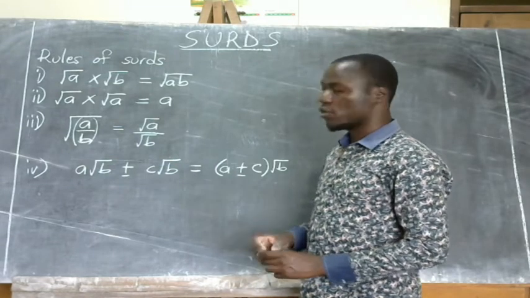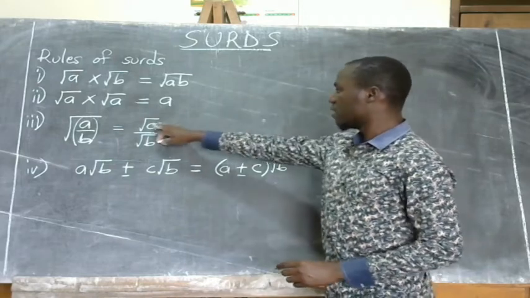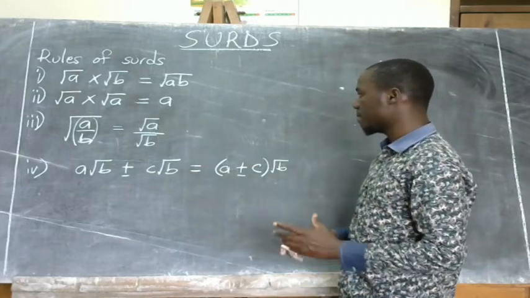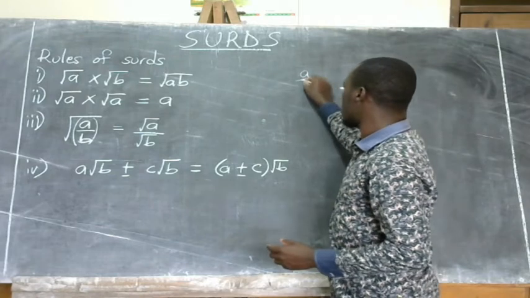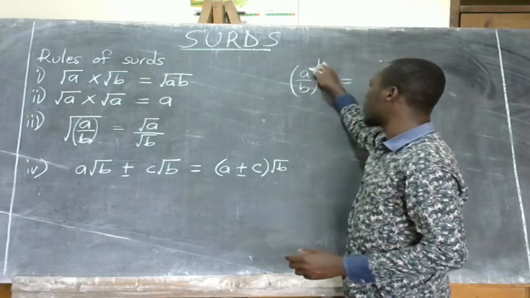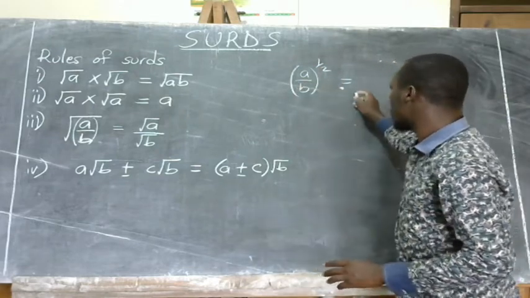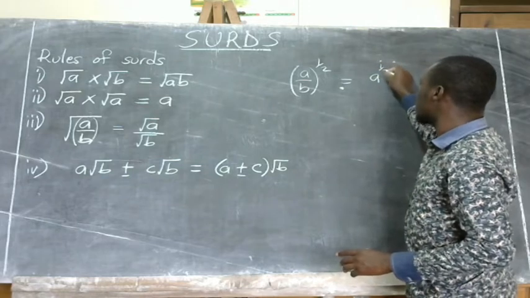Law 3 also comes from the laws of indices. The root, we say it's going to be power half, that is A over B, power a half. We said when you remove the brackets, the power must distribute on each base in the numerator and in the denominator.